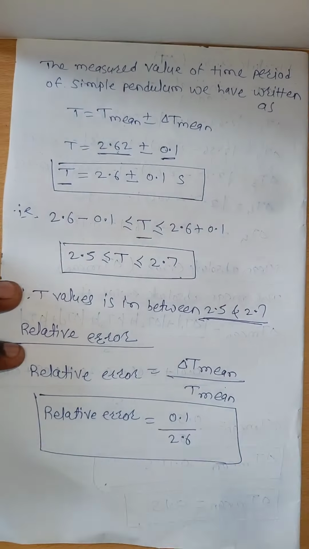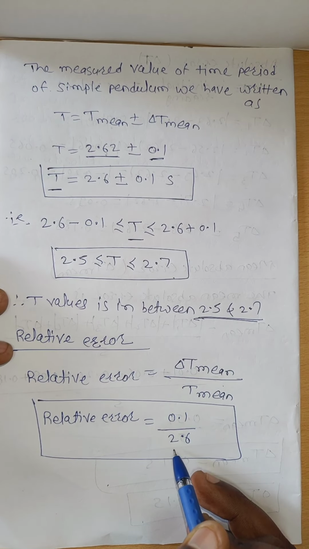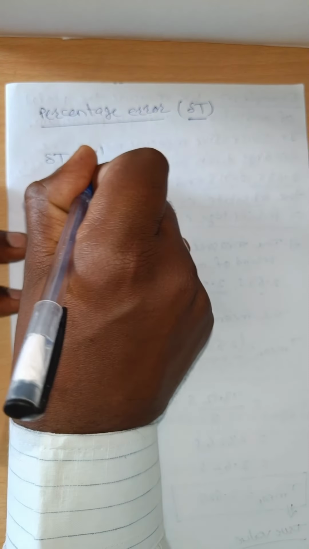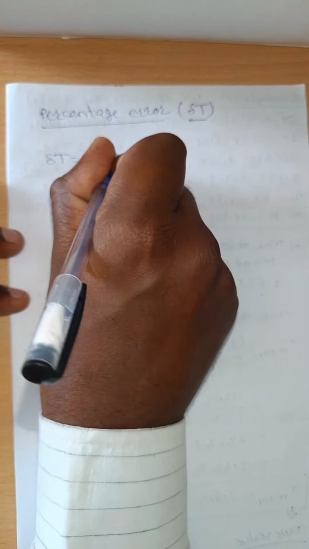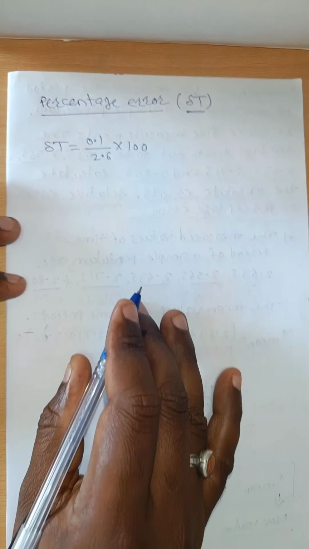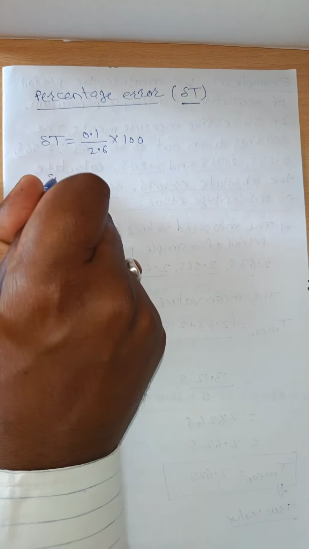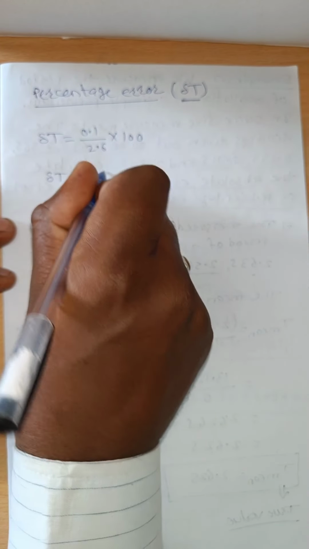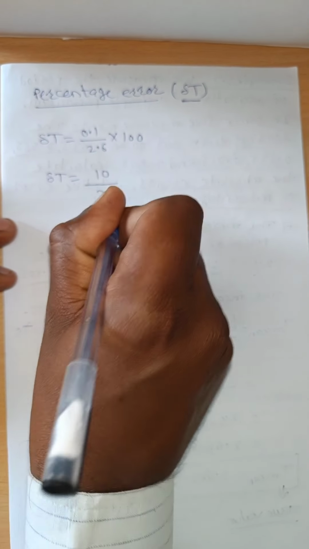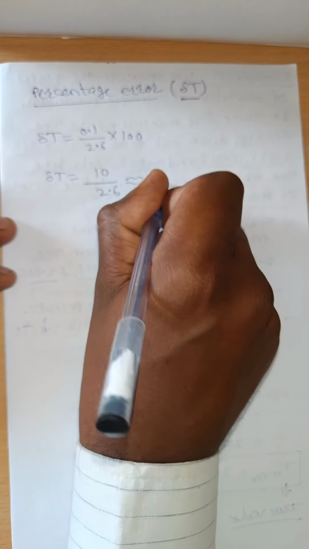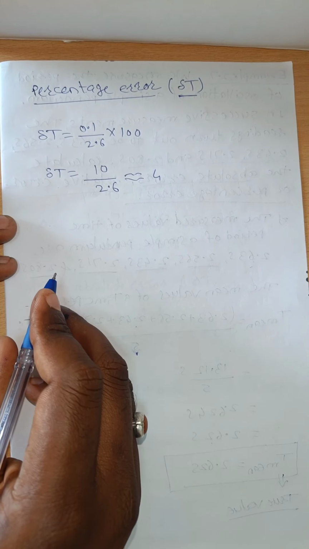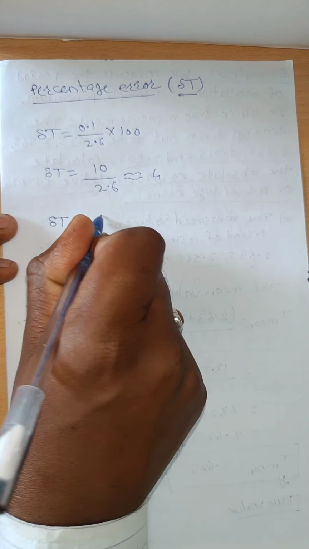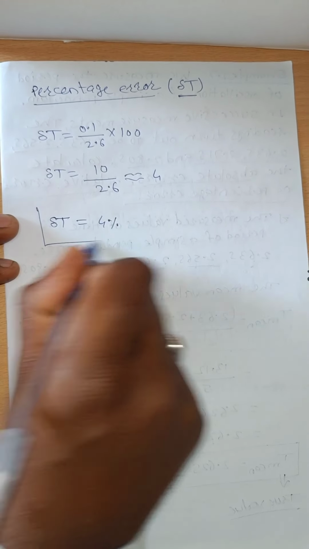What is the relative error? 0.1 divided by 2.6, into 100. This is the percentage error. Therefore delta T is equal to 0.1 into 100, we get 10 divided by 2.6, which is approximately 4. Therefore delta T is equal to 4%.